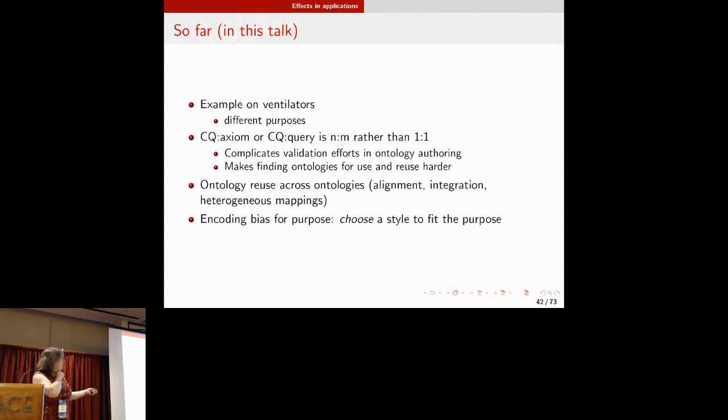This notion of ontology reuse that I touched upon, I have more information about that if you're interested, but I'm not going to talk about that here. And you can choose an encoding bias for a purpose and choose a style to fit the purpose of what you want to achieve. But I also promised something on how it affects actual applications in the life sciences.